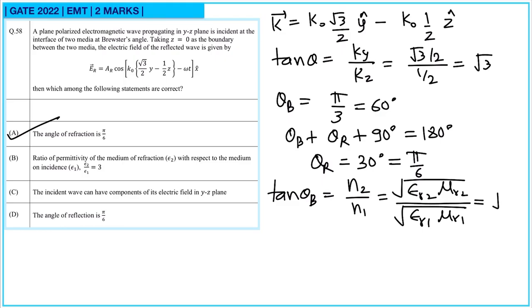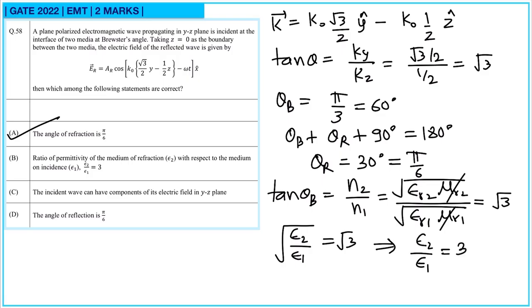So this will be equal to root of 3, because mu r1 and mu r2 are same. So from here root of epsilon 2 by epsilon 1 is equal to root of 3, that gives us epsilon 2 by epsilon 1 is equal to 3. So option B is correct.